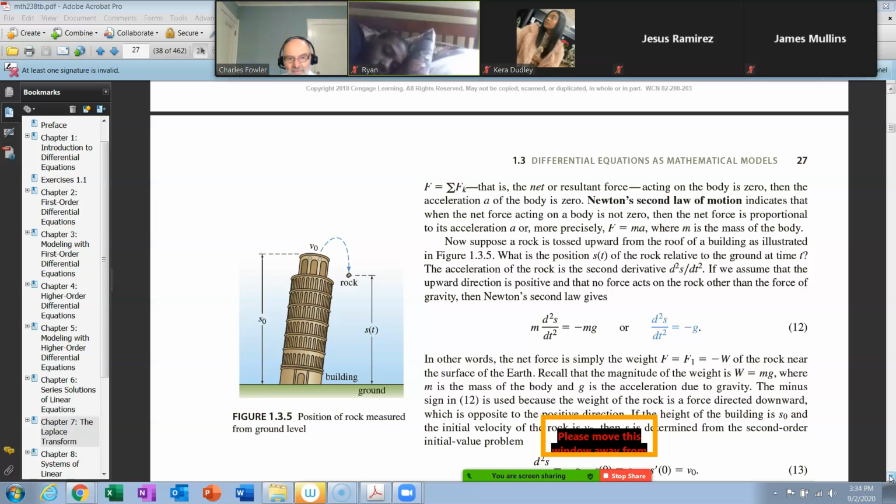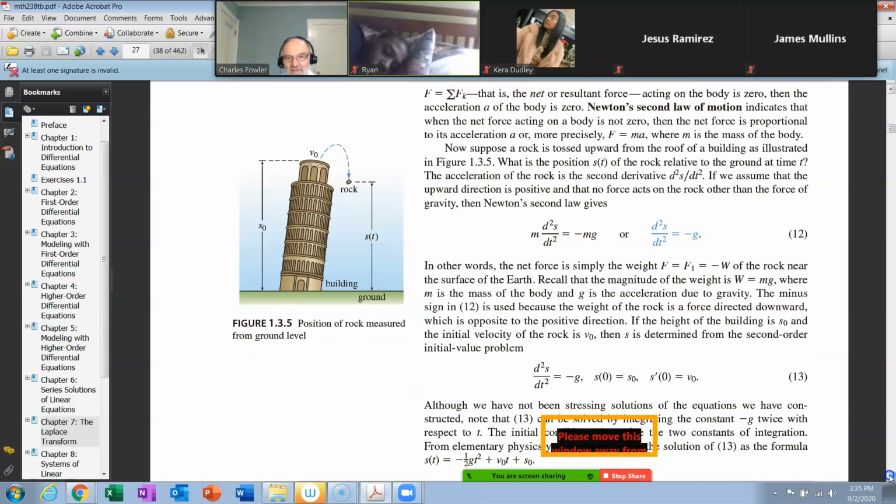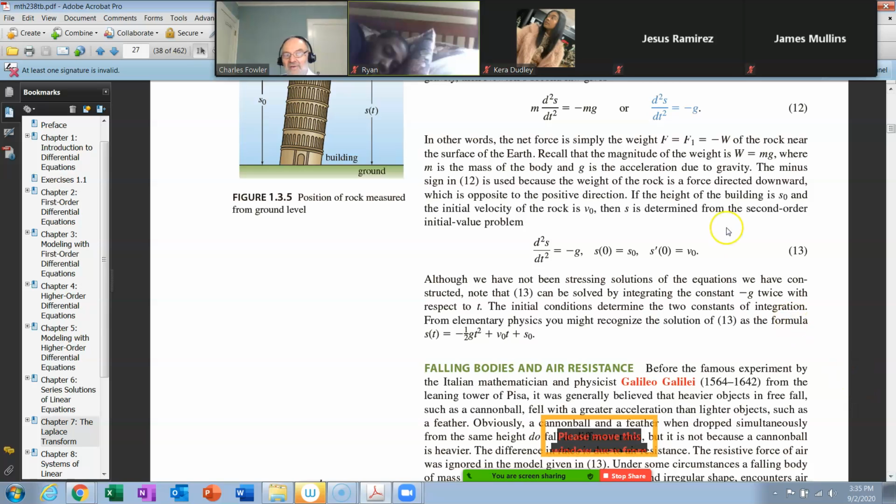Okay, let's move on down to, well, I can't get it to move. There we go. All right, here is that equation here, differential equation with initial values. Okay, initial displacement of the object we'll call S0. That could be how high it was. The rock dropped off the top of the Leaning Tower of Pisa, and its velocity at that time was the initial velocity.